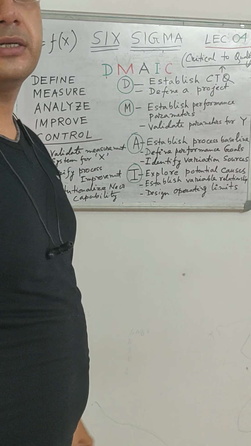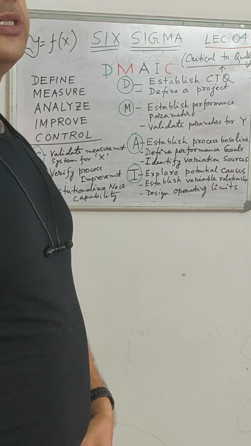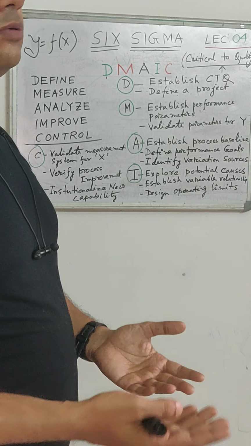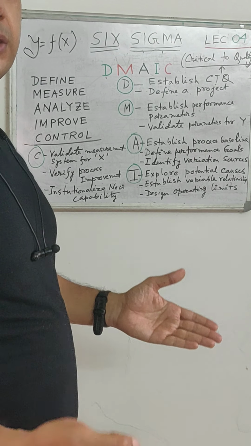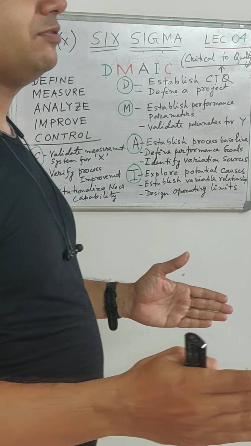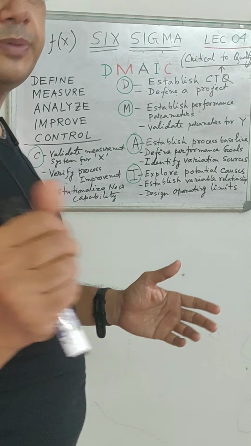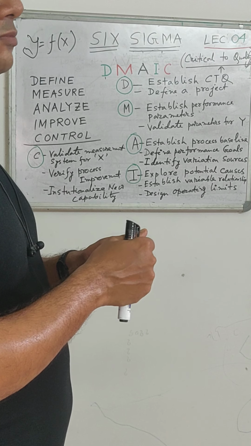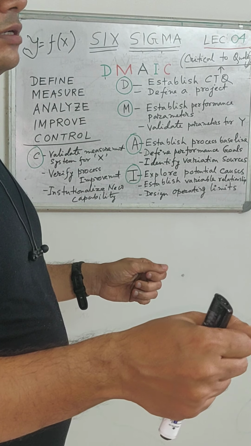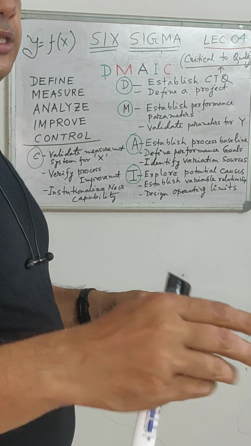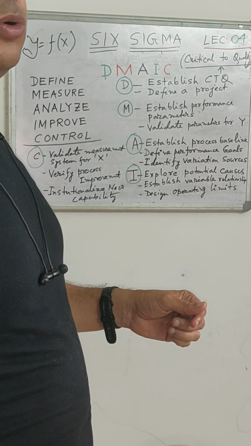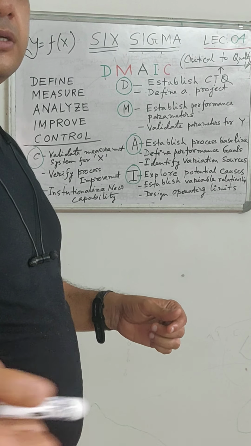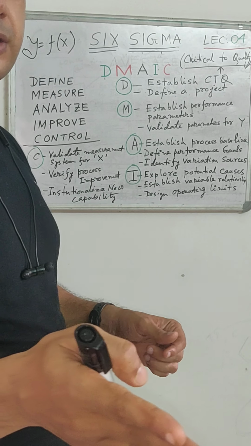In that we will define a project, like, as I told, one example is the production of a bar. Our project definition should be specific with some cost benefit also, like we need to improve the quality strength by this much amount, which will benefit us by this amount of dollars.